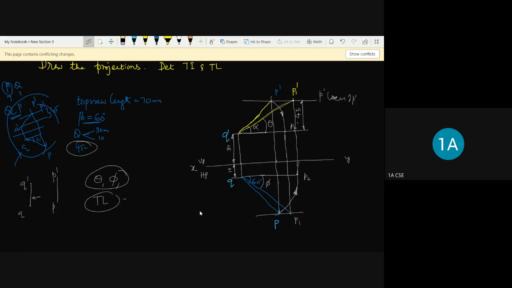What length have you taken for this QP? Sir, I have done it roughly, sir. You have to do it very accurately, then only you will get actual values. Otherwise, you will get wrong values. You have to use the compass, the scale, and everything. Yes, sir. Yeah, then only you'll get it exactly.